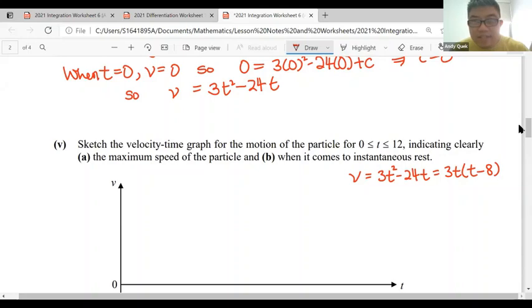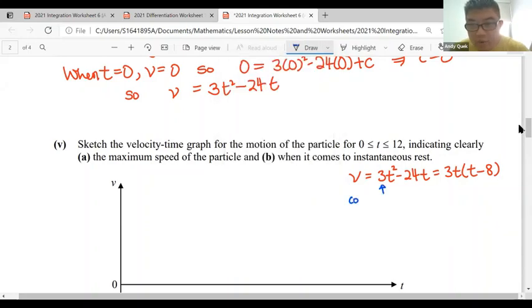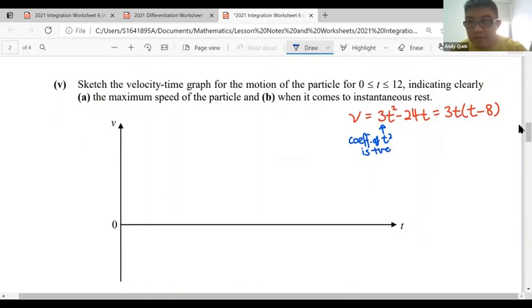So what are the things we can look out for? You have here the coefficient of t squared is positive, right? So your quadratic curve is upright and it's cutting the horizontal axis at 2 points, t equals to 0, t equals to 8.